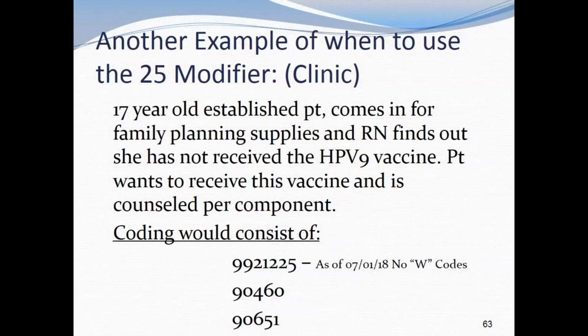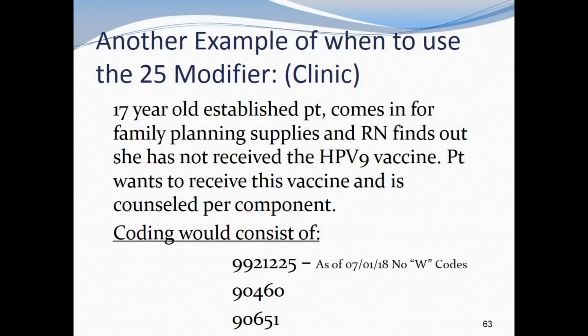And this is so that the insurance knows that you're not just tacking on an office visit just because they came in and got a vaccine. This is actually something that you're showing them, hey, the ICD-10 is actually something separate from what was actually done. Because she came in for family planning supplies, so that's what the ICD-10 is going to go to.